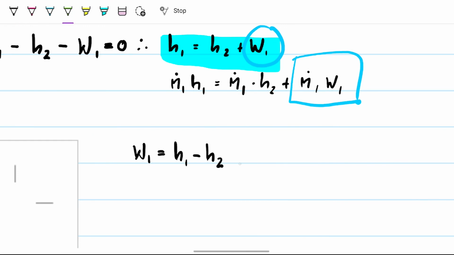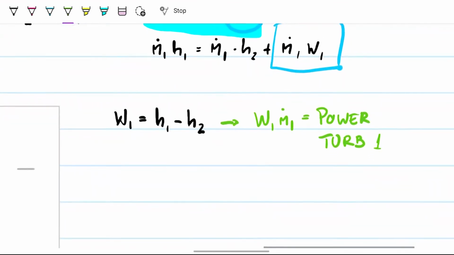Once we do that, if I multiply the work output 1 by mass flow rate 1, I'm going to get the power output of turbine 1. And then I rinse and repeat that for turbine 2, and sum the two things up. That's my game plan for solving this question.